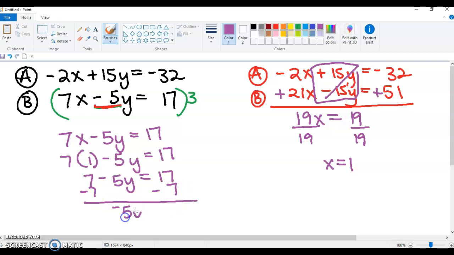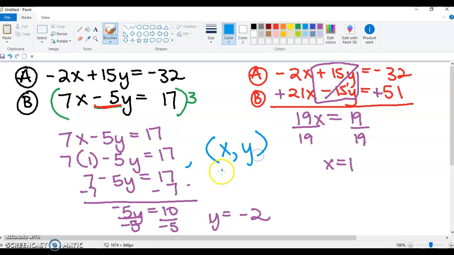So negative 5y equals 10. So I'm going to divide both sides by negative 5. Therefore, y equals negative 2. So now when I go to write this in coordinate form, it's going to be x, y. So I'm going to have 1 comma negative 2.